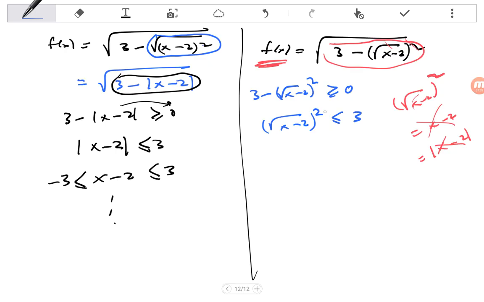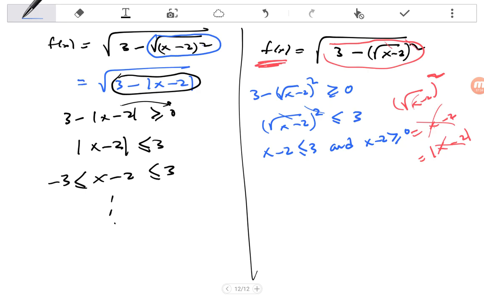There is an obvious simplification here, but when I make it, I must remember that it is restricted, because I have a square root. So I make the simplification x minus 2 less than or equal to 3, but I put the restriction that x minus 2 should be greater than or equal to 0.